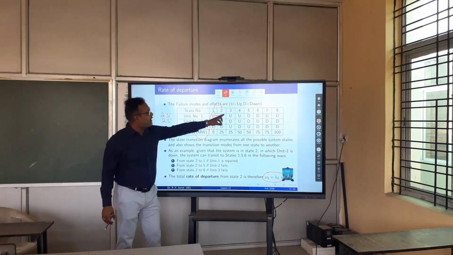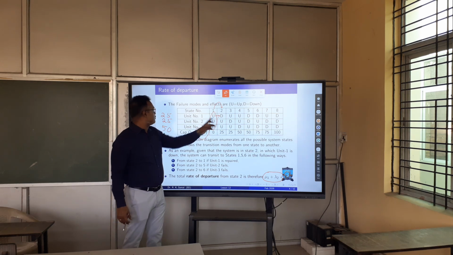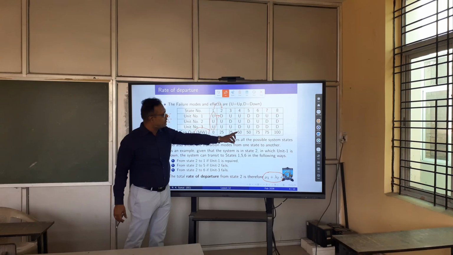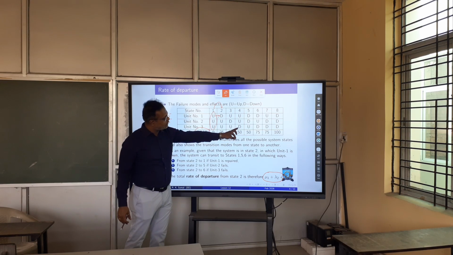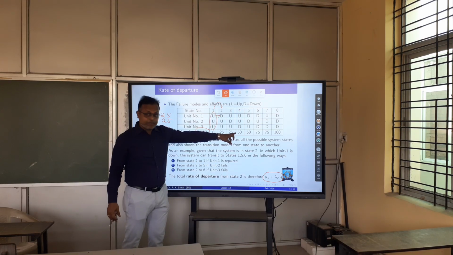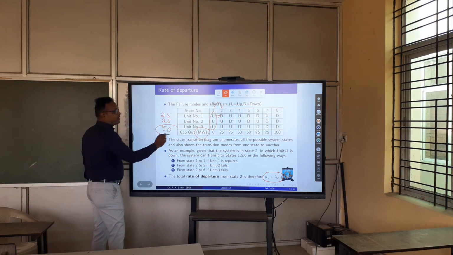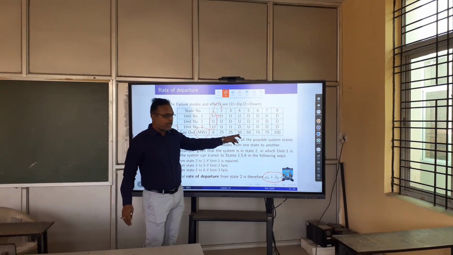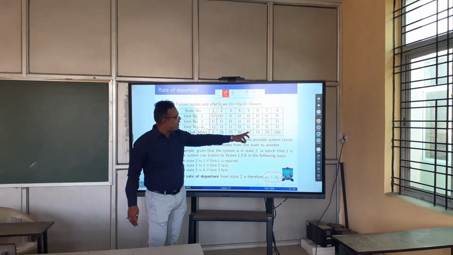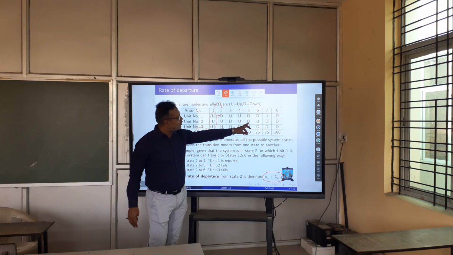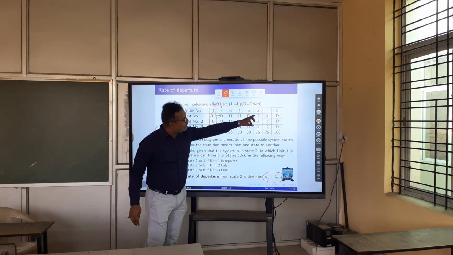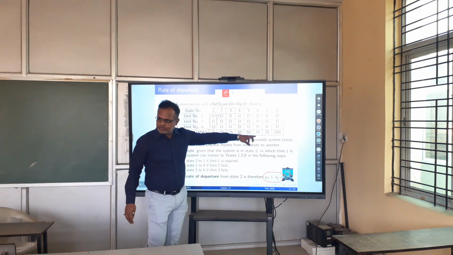Here generator 2 is down, so capacity out is again 25 megawatt. Here, with 1 generator down, it is 50, because for unit 3 the capacity is 50 megawatt. Here units 2 and 1 are out, 25 plus 25, 50. Here 1 and 3, 25 plus 50, 75 megawatt.